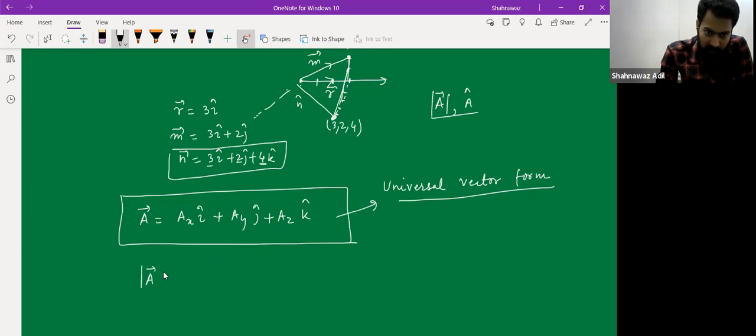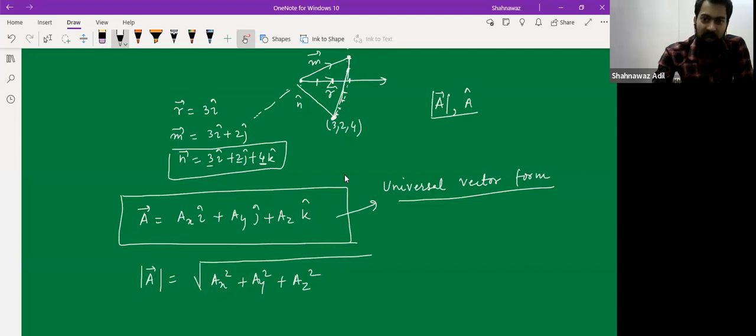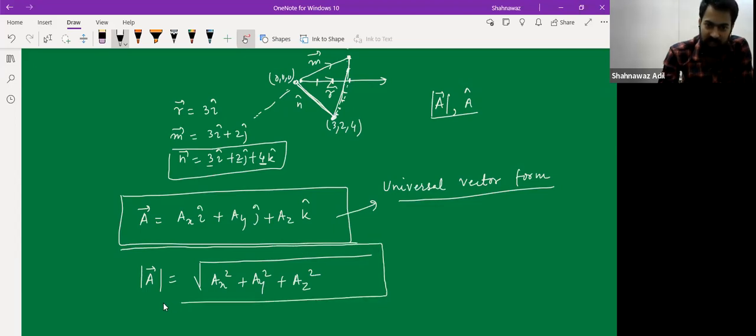The magnitude will be the square root of ax square plus ay square plus az square. You know from the distance formula, this point is 0, 0, 0, so x2 minus x1 square plus y2 minus y1 square plus z2 minus z1 square. So this would be the magnitude of the vector.